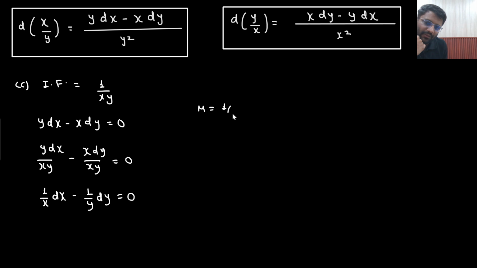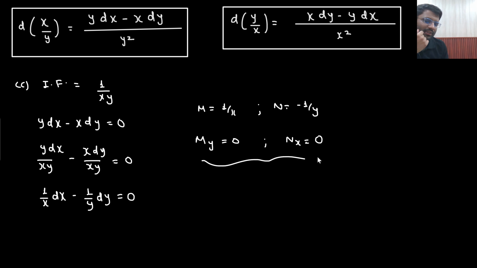The value of m is 1 by x. What is the value of n? The value of n is minus 1 by y. So partial differentiation of m with respect to y is 0 because there is no term of y. And partial differentiation of n with respect to x is also 0 because there is no term of x. So yes, both are the same. It is coming out to be an exact equation. Or simply on both sides you integrate 1 by x dx.